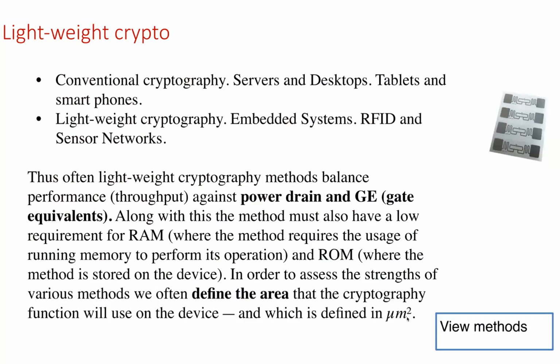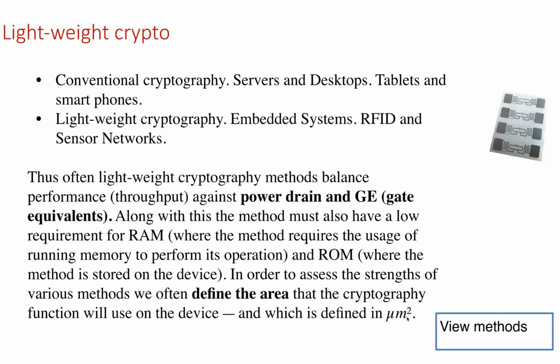So NIST have defined a number of competitions for crypto. There was the AES standard, where the Rijndael method won. They assessed all the different methods, they had peer review, and they looked at side channel attacks and so on, and that won.